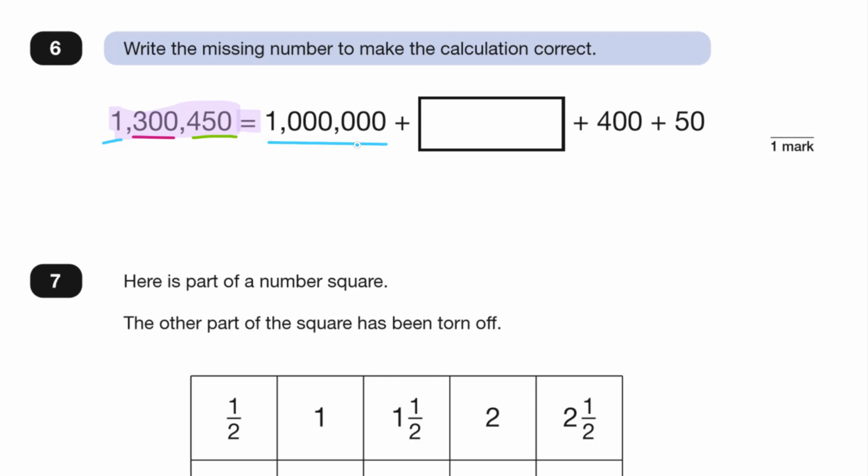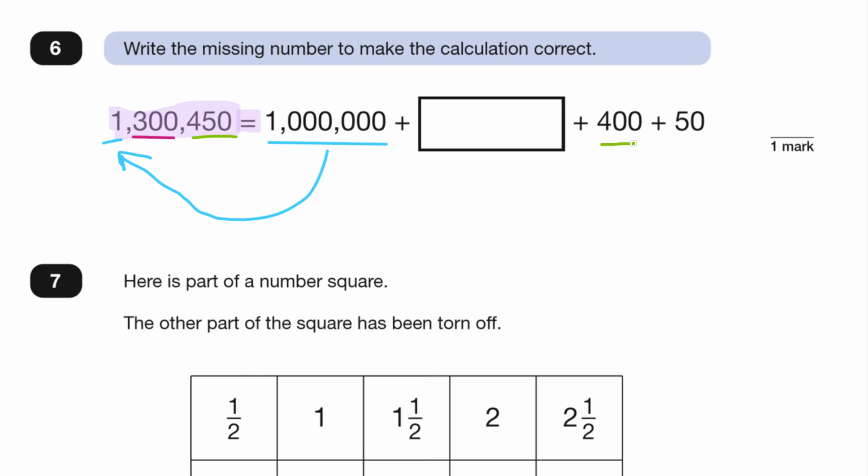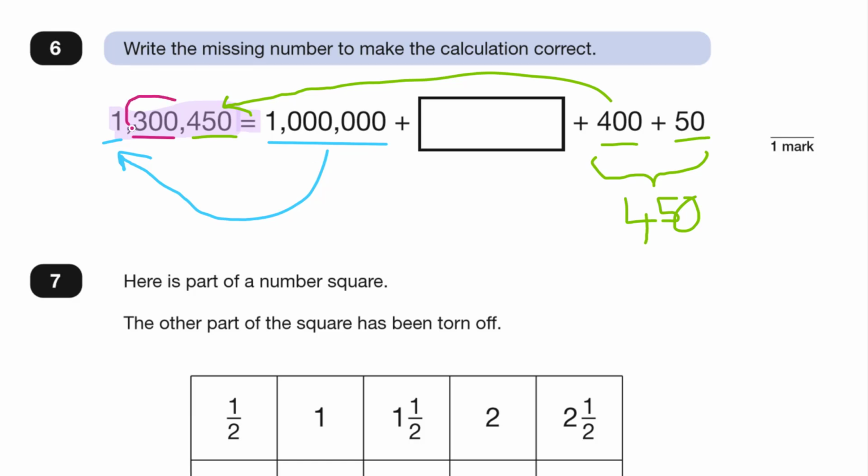This is 1 million, and this is this bit. We can also see that we've already got 450. Together, that makes 450. And this is pointing to this bit here. So the bit that we are missing is this section here, this 300.